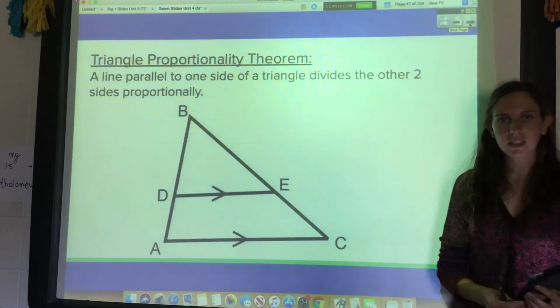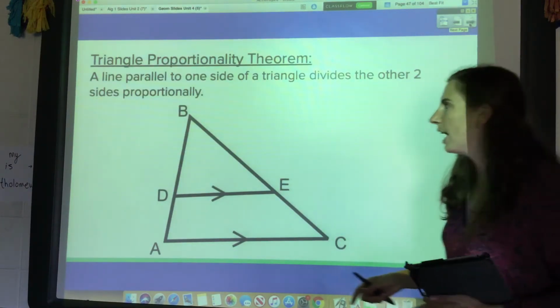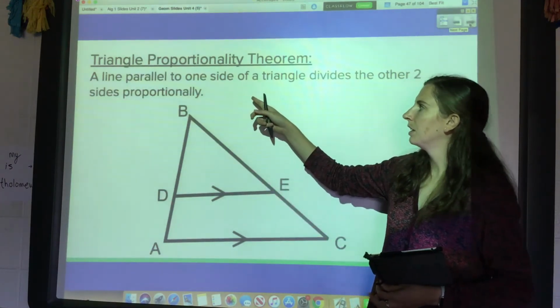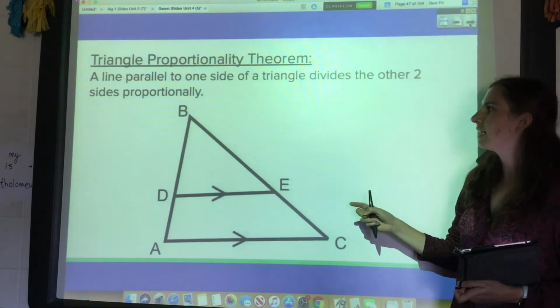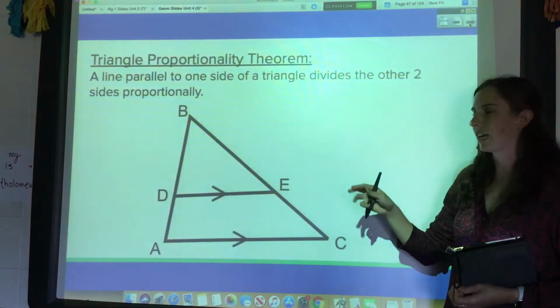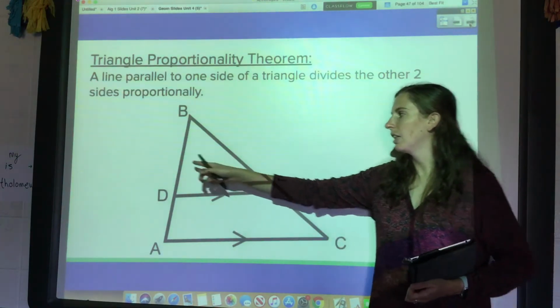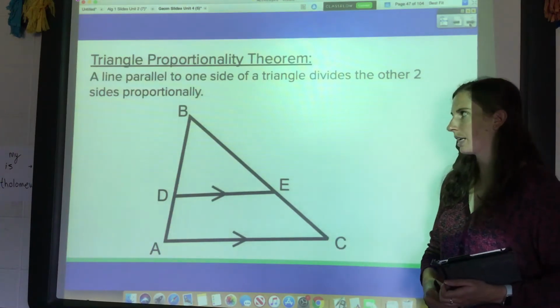Okay, so back to the Triangle Proportionality Theorem. This theorem says if you have a line parallel to one side of a triangle that divides the other two sides, a line parallel to one side of a triangle is going to divide the two sides proportionally. So here's what that means.